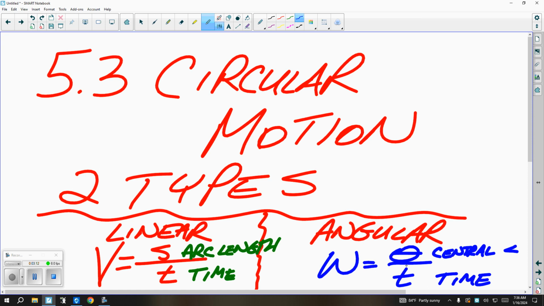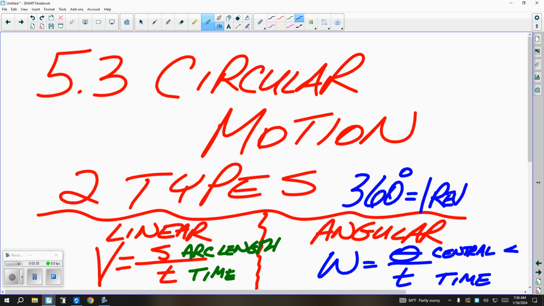So what is the one big thing that you need to remember? Write this down also. 360 degrees, that's a circle, but we call it one revolution. But as we learned, a lot of equations, including these, use radians.